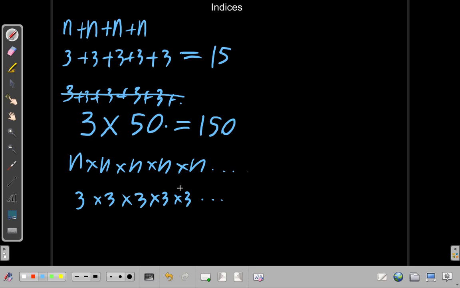Now the thing is, just like how you have a short way of writing down repeated addition, you also have a short way of writing down repeated multiplication. For example, suppose you have this 1, 2, 3, 4, 5. There are 5 3's here.